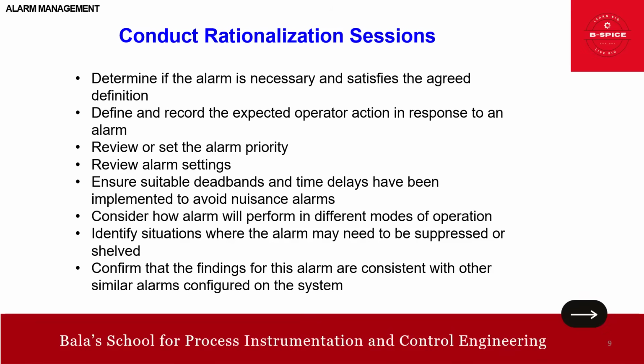Confirm the findings for this alarm are consistent with other similar alarms configured in the system. So that is also we need to maintain. If a few alarms follow a different philosophy, what we are doing differently will be cumbersome, right? Right, friends. So these are the rationalization parts we should focus on.